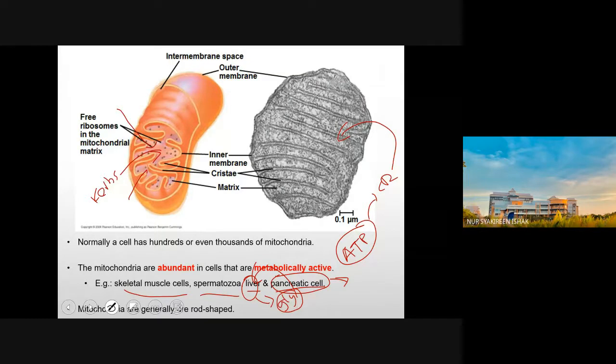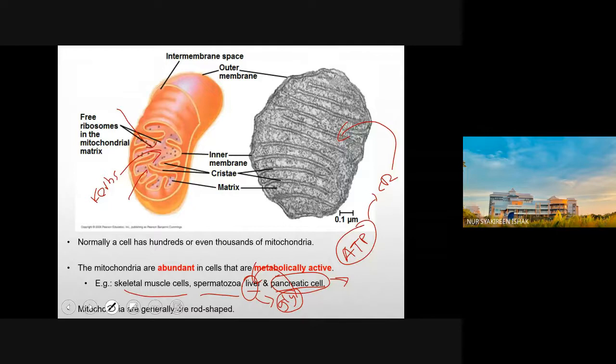It requires a series of enzymatic reactions, from glycolysis, pyruvate oxidation, Krebs cycle, etc. All these reactions involve protein, and these proteins are produced by the ribosomes that are found in the mitochondria.